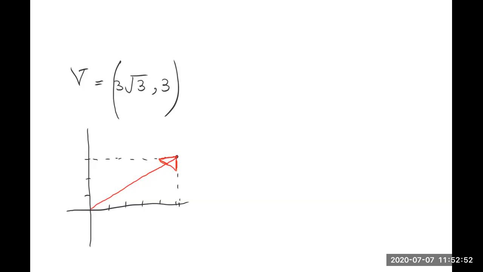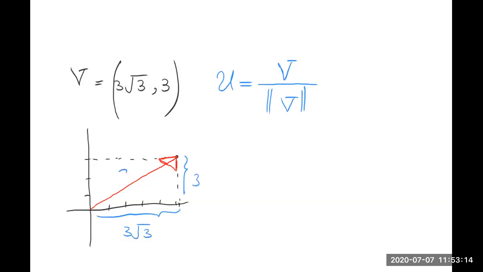Now, the first thing is to compute the unit vector in direction of v. The unit vector in direction of v is v over the length of v. What is the length of v? So again, we should use the Pythagorean theorem. This side is 3 radical 3. This side is 3. This side is the unknown c.